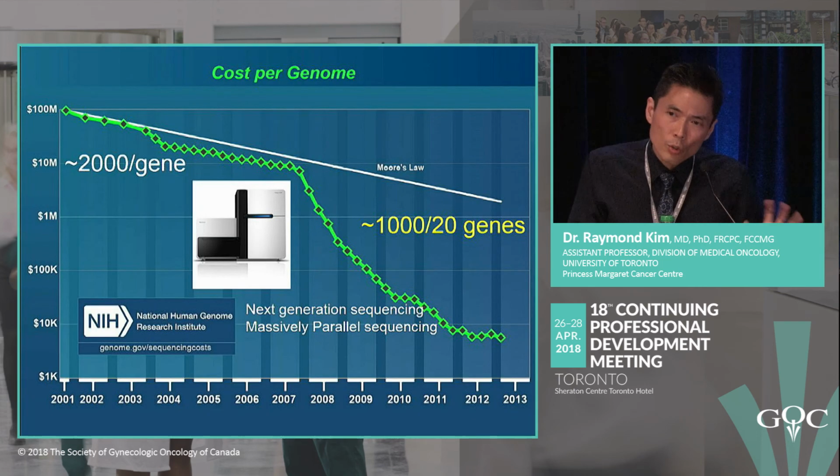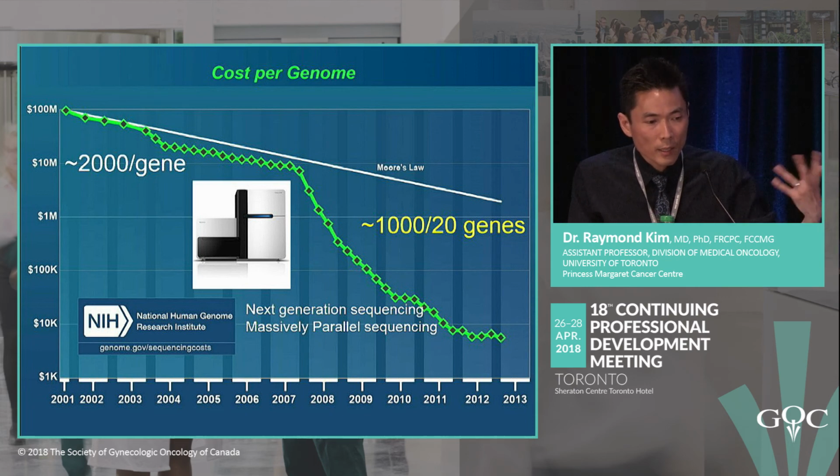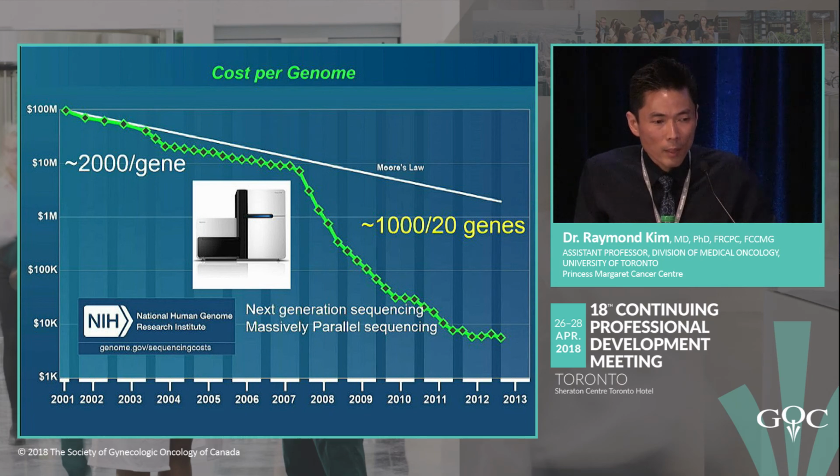So Sanger sequencing usually cost about $1,000 to $2,000 a gene, which varies depending on the size of the gene and the complexity of the gene and that type of analysis. And at the turn of the century, next generation sequencing happened. To give you an idea, it cost about $3 billion and 20 years to do the Human Genome Project based on Sanger sequencing.